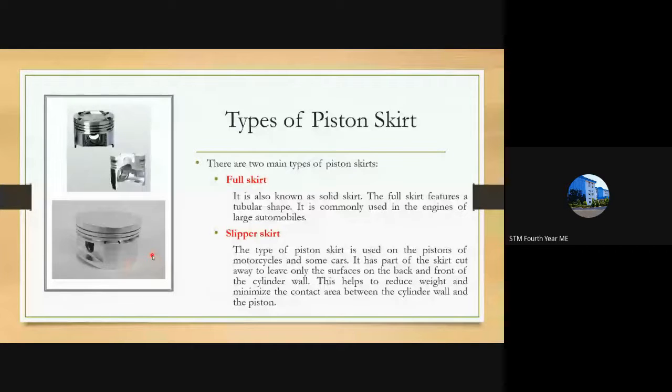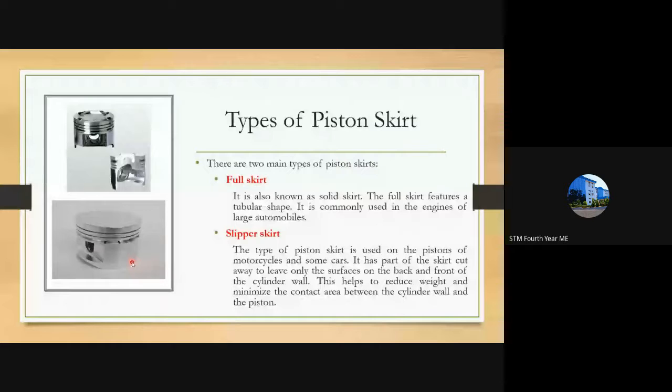So what is the advantage? The advantage is we are removing excess material from here. By removing that excess cast iron material, it helps to reduce weight. And also due to the minimization of the contact area with the cylinder walls, the wearing of this part will be much less than the other parts.